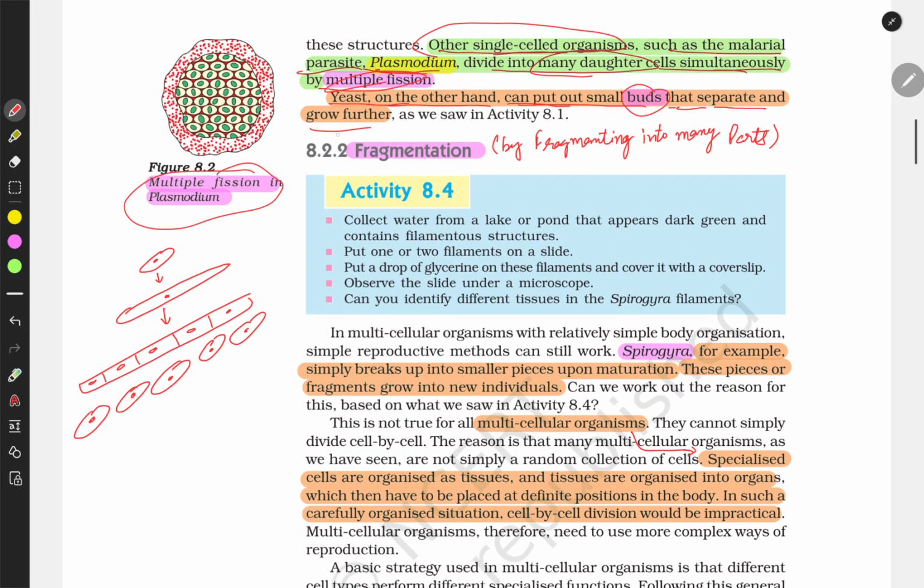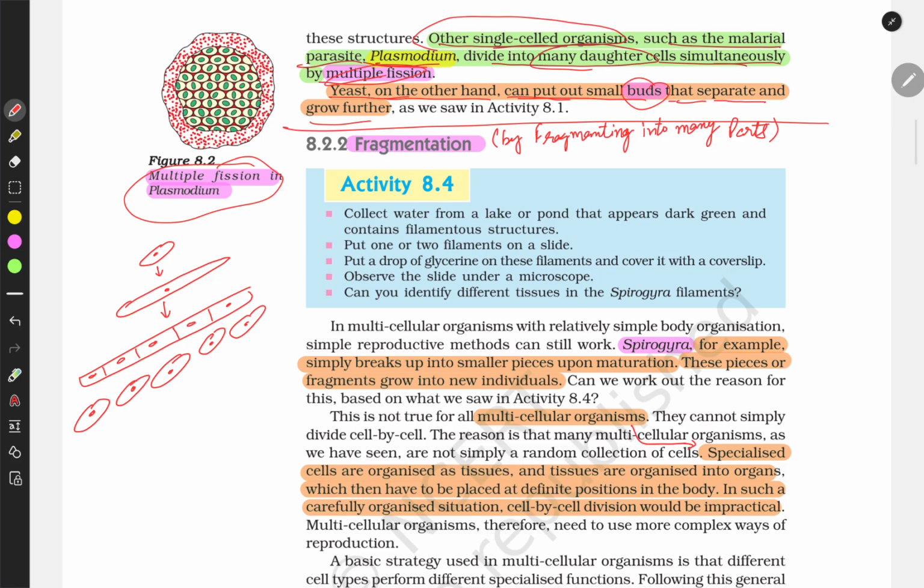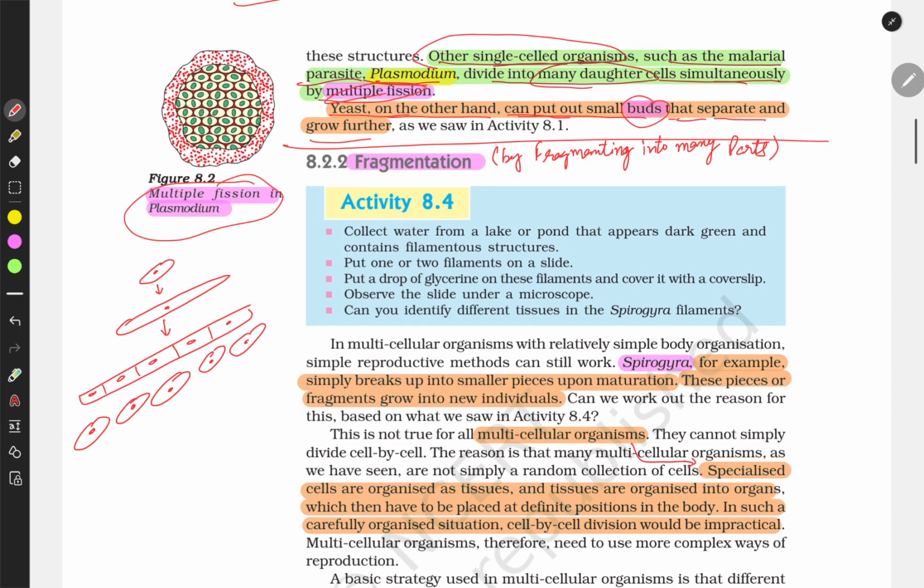And apart from this fusion, we have another mode of asexual reproduction. This is fragmentation. Let's study what happens in fragmentation. They just reproduce by fragmenting into many parts. This is why it is called fragmentation.